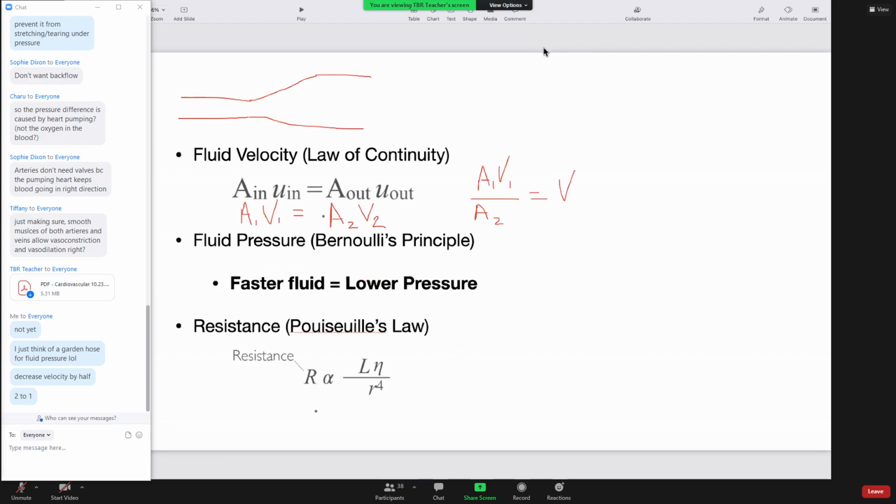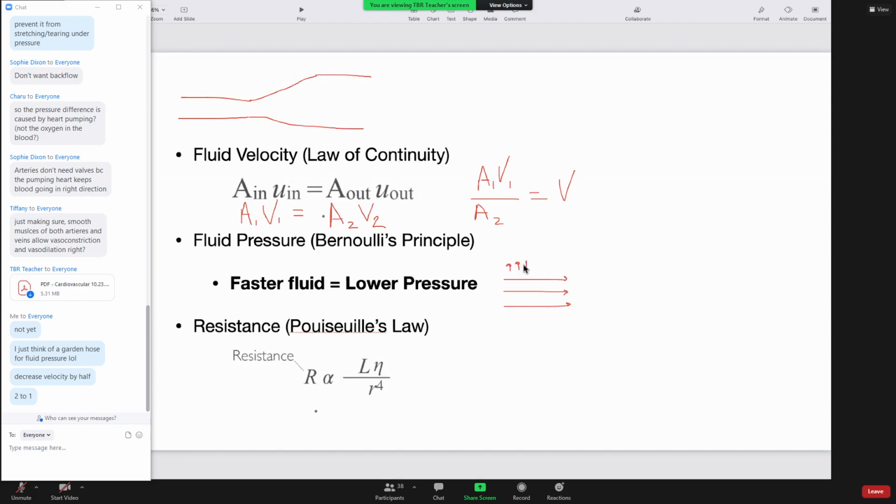So Bernoulli's principle basically says a faster fluid will exert a lower perpendicular pressure. This one kind of confuses people. Let's say we have a fluid traveling from left to right. The faster it is going in that direction, the lower the pressure it'll put in the perpendicular direction.